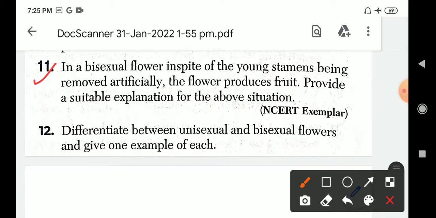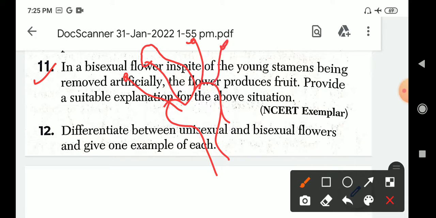It means suppose this is a flower, so it will contain the stigma, and this is a totally rough diagram, and these are the anthers, right? This is the middle female part, and the outer side is the male reproductive part. So this flower has both the organs in it.